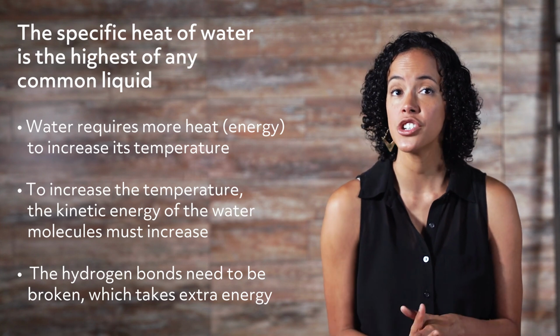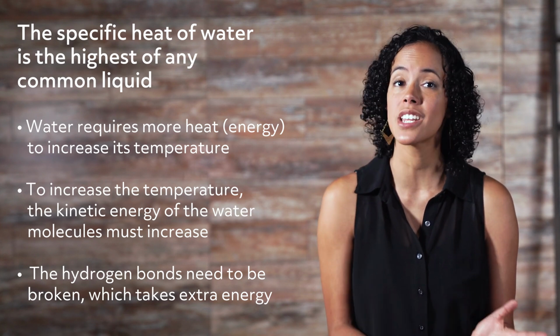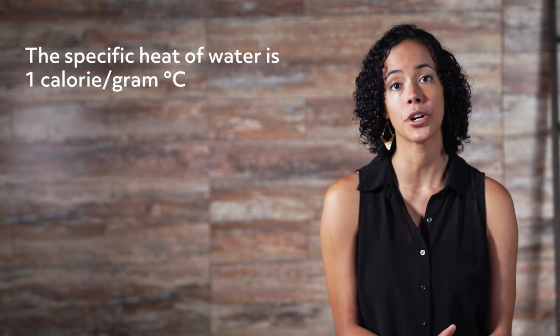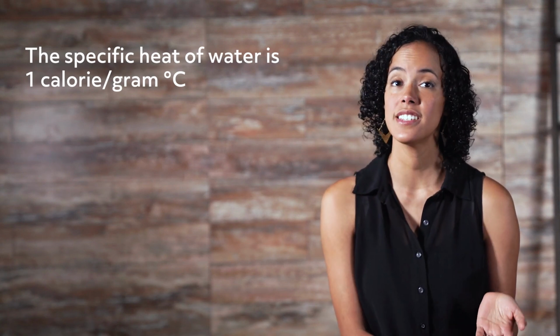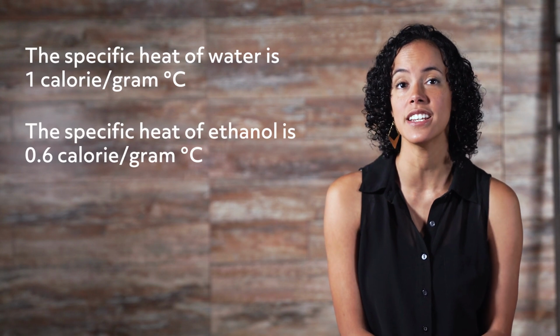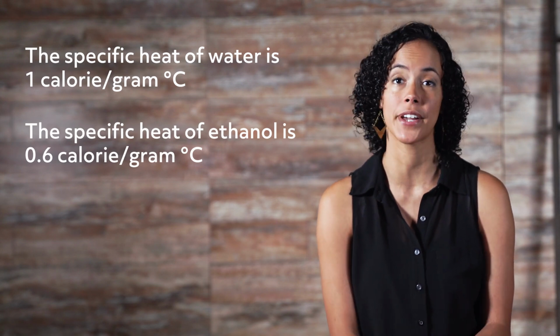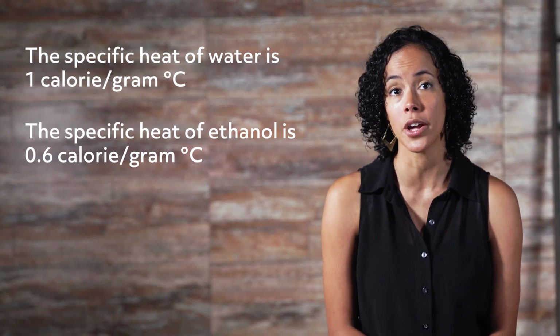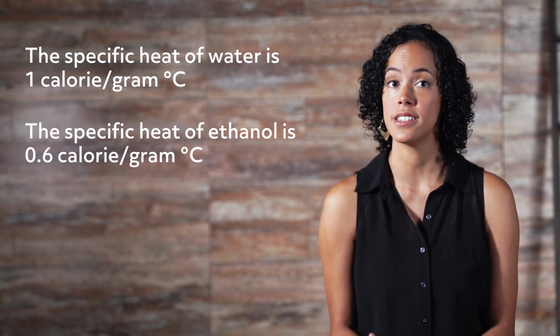But to do that, the hydrogen bonds need to be broken, which takes extra energy, resulting in a specific heat of 1 calorie per gram per degree Celsius. Compare this to ethanol, which has a specific heat of 0.6 calorie per gram per degree Celsius. It takes almost twice the energy to increase the temperature of water than ethanol, all because of the intermolecular interactions.